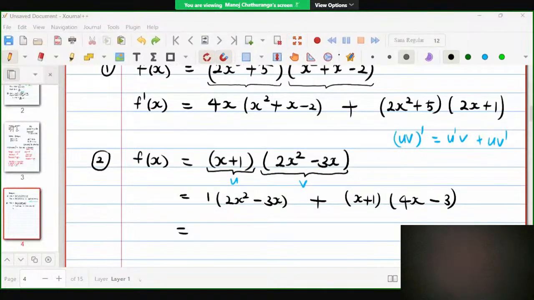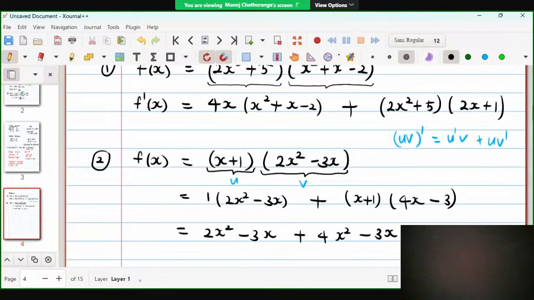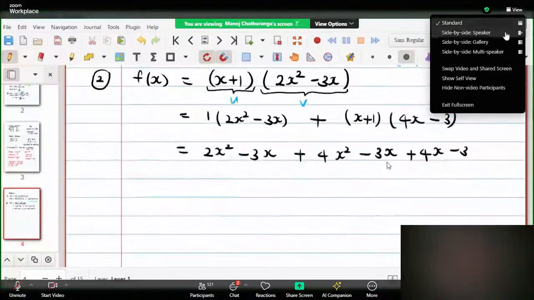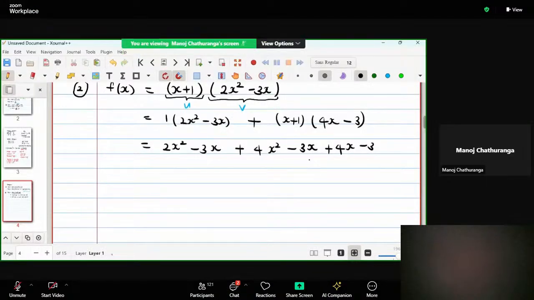Thank you all for your answers. So 2x squared minus 3x plus 4x squared minus 3x plus 4x minus 3. The simplification step is not necessary, but sometimes it helps us.